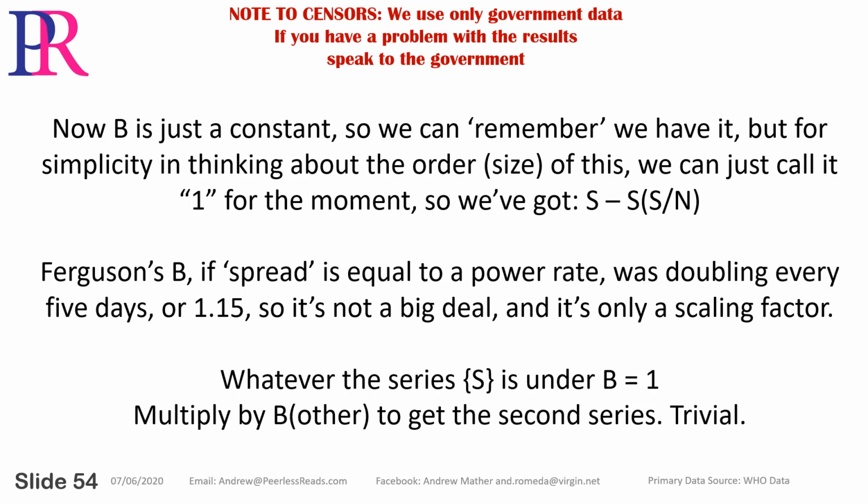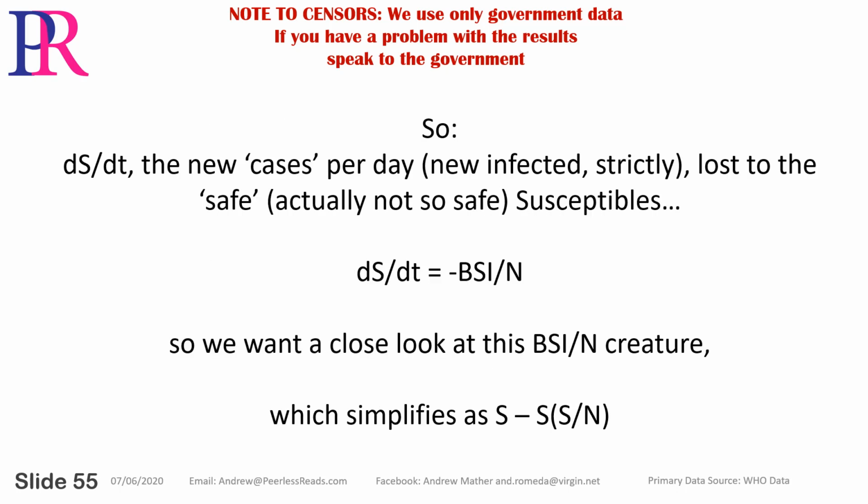So we've got S minus S times S over N. Ferguson's b, if spread is at a power rate, was doubling every 5 days, or 1.15, so it's not a big deal, and it's only a scaling factor. Whatever the series S is under b equals 1, multiply by b to get the second series. Trivial.